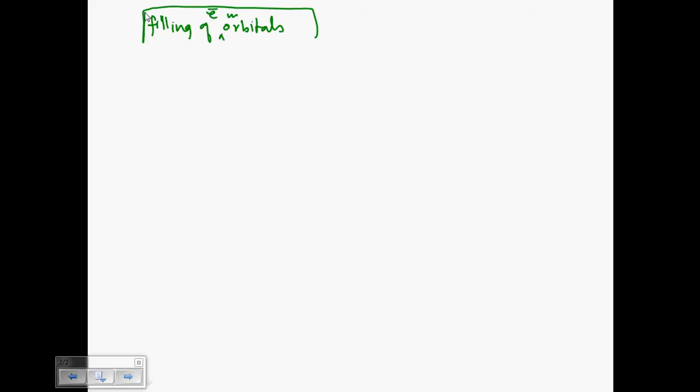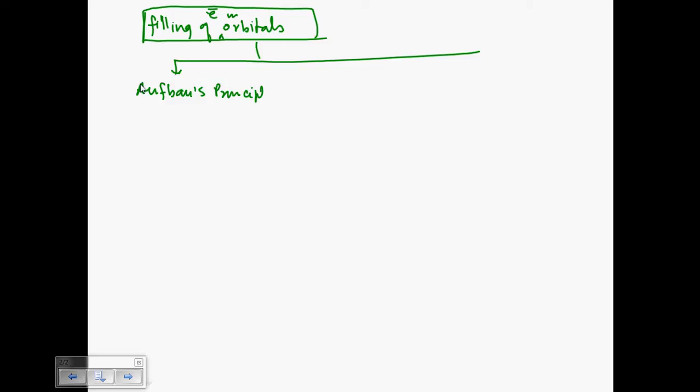Okay, filling of electrons in orbitals is dictated by three rules: Aufbau's principle, Hund's rule, and Pauli's exclusion principle.